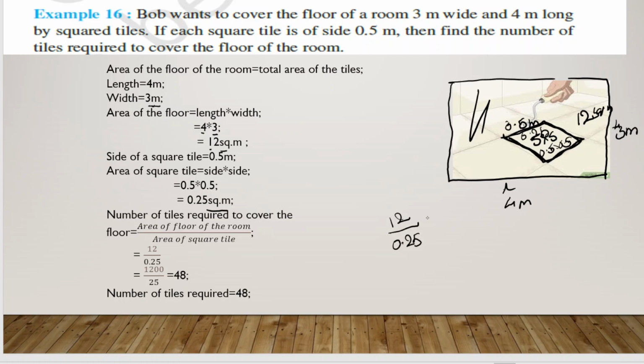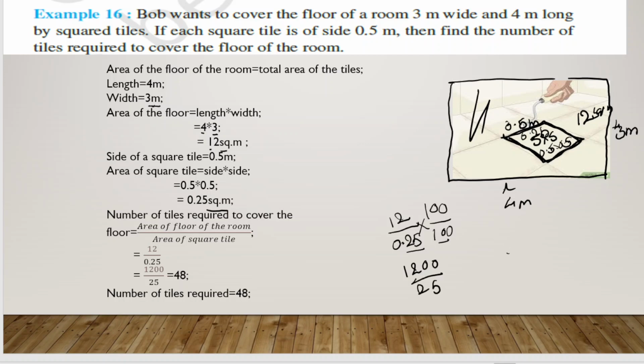Let's remove the decimal point. To remove the decimal point, both the numerator and denominator have to be multiplied by 100, because after the decimal point there are two digits, so we need to multiply by 100. Here it becomes 1200 by 25.